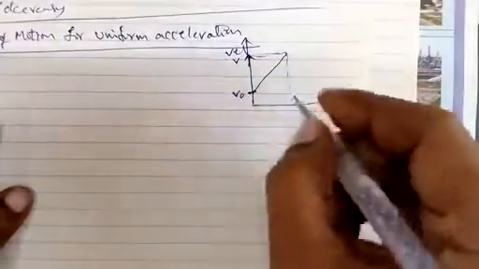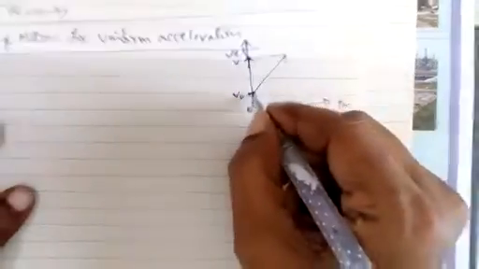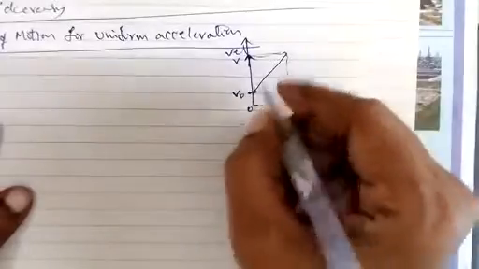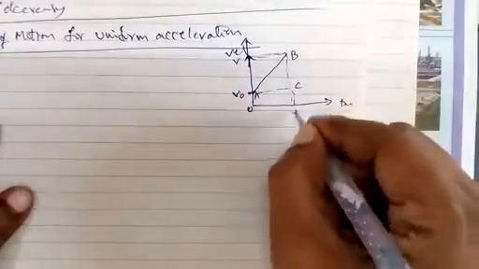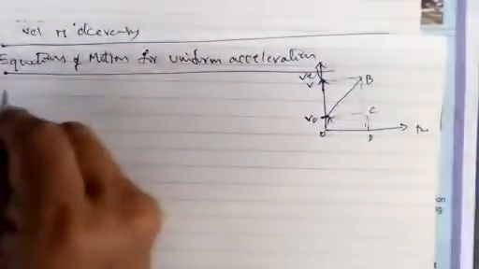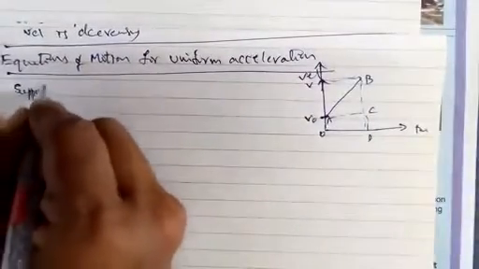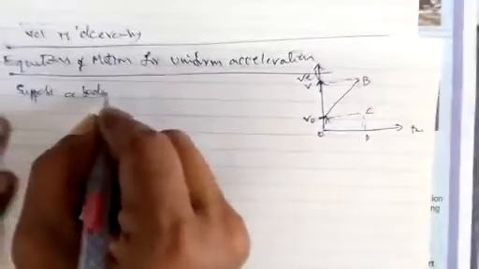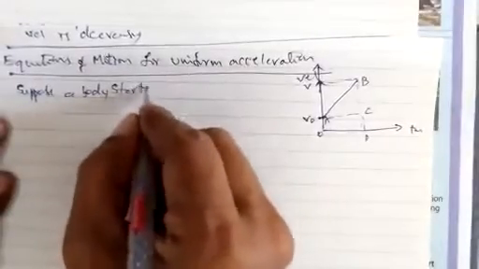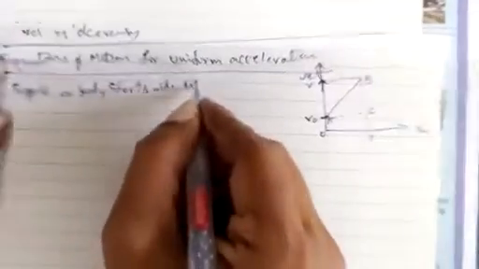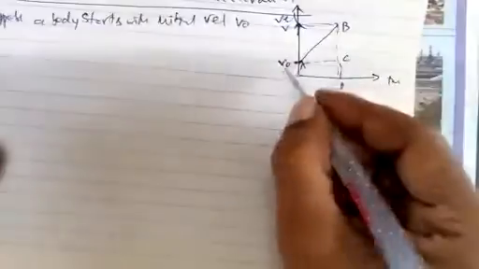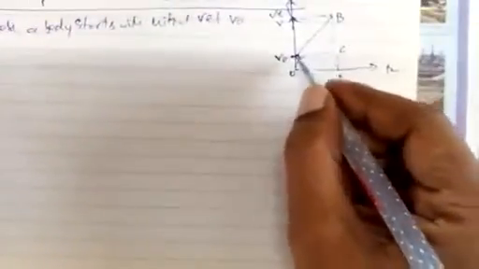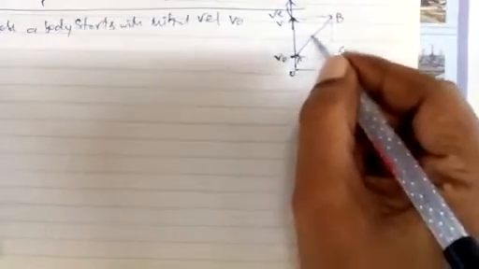Now this is 0, and suppose this one is a, this is b, this one is c, this is d. Suppose a body starts with a certain initial velocity v0, and velocity is increasing.